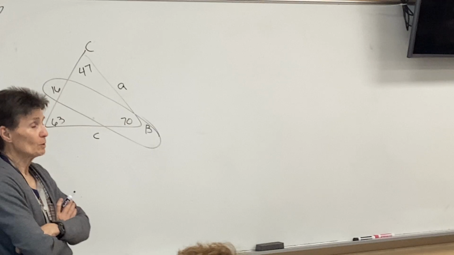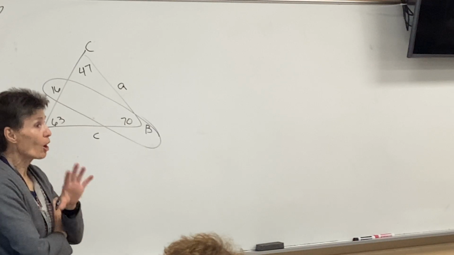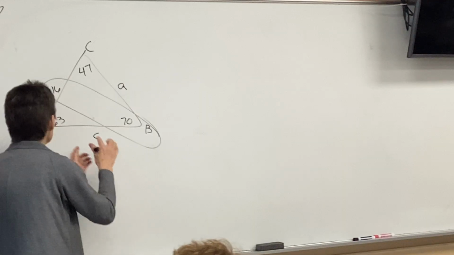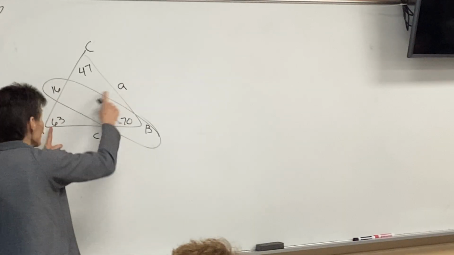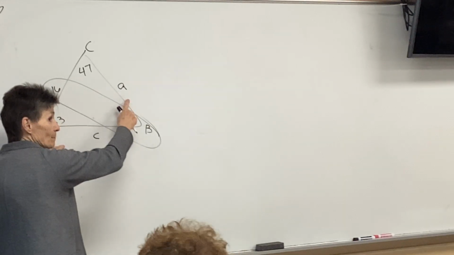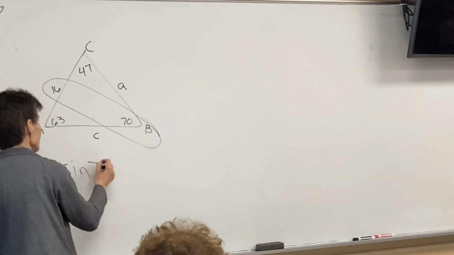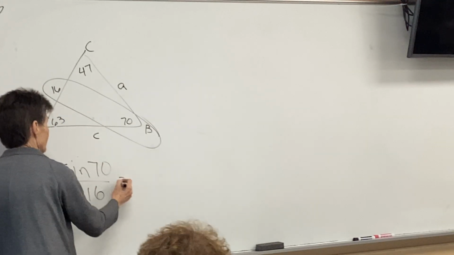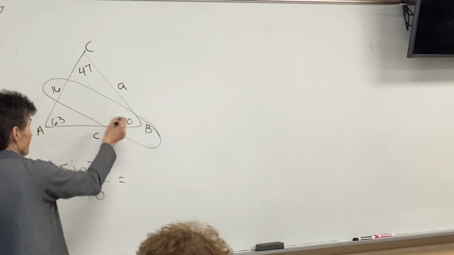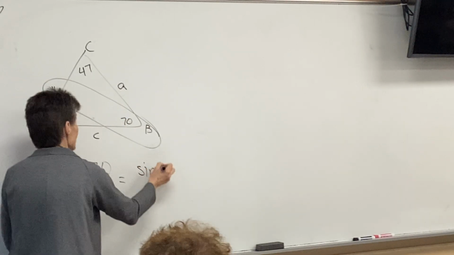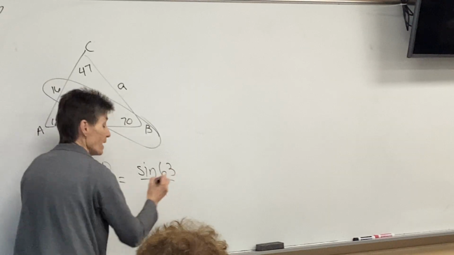When you set up your law of sines, you are going to start with a fraction that you know. You do not know side A. You can't do this fraction, at least not first. So sine 70 over 16. Now, if you want to say sine 63 over A, that's okay.